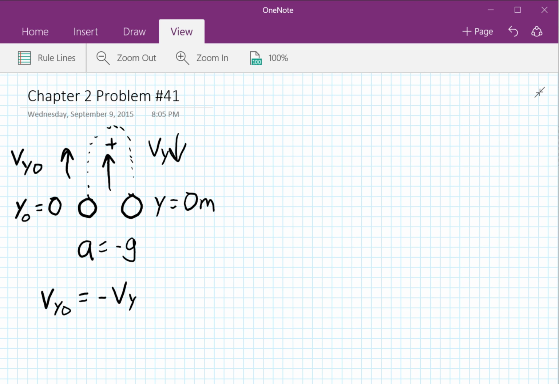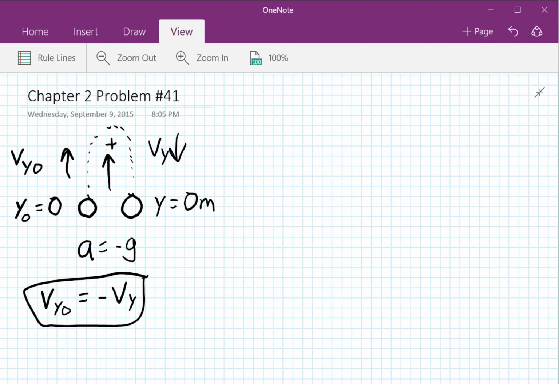So we want to lead to this. Mathematically, we have to use an equation that will yield that answer. We aren't given a time, so we're not going to use an equation with time, which means you only have the third option.